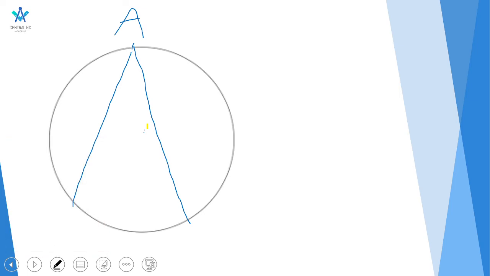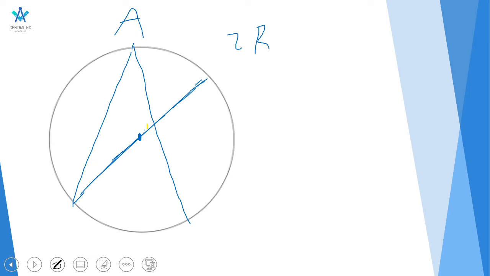And let's draw this diameter from this point here. Notice that this diameter is equal to 2r. So let's prove that a over sine A is equal to 2r.